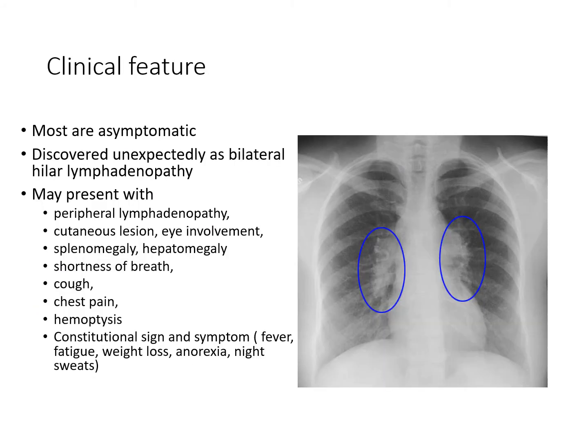Most patients with sarcoidosis are asymptomatic, and they are just discovered unexpectedly as bilateral hilar lymphadenopathy, as in the picture. They may present with peripheral lymphadenopathy, cutaneous lesions, eye involvement, splenomegaly, hepatomegaly, shortness of breath, cough, chest pain, hemoptysis, and constitutional signs and symptoms.